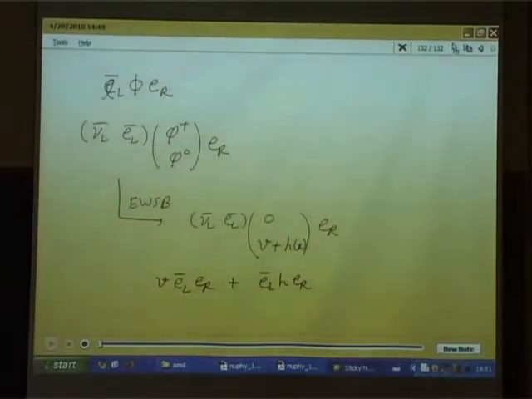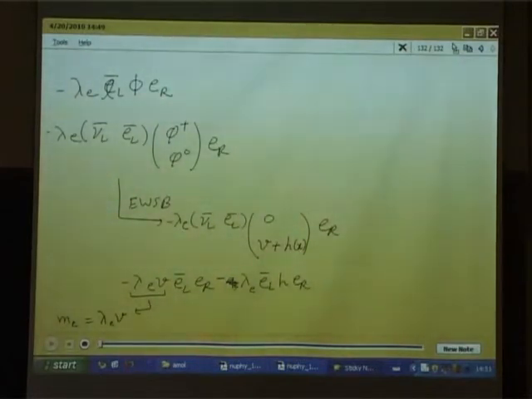Therefore, this term looks like a constant times e L bar times eR. Therefore, this is the mass. Everything actually has a minus sign, so minus lambda E here. So this will mean that I get mE equal to lambda E times V.